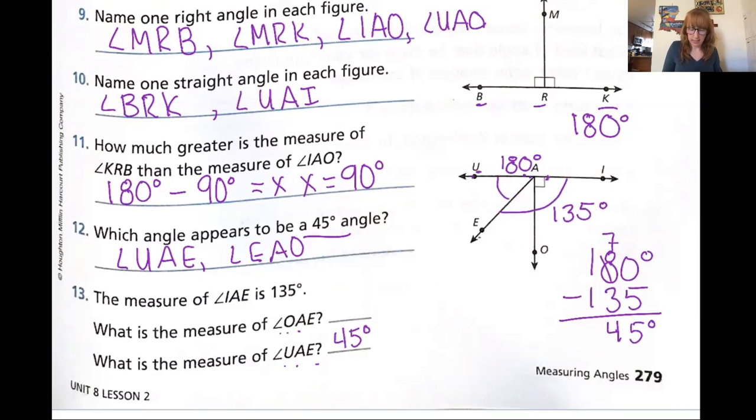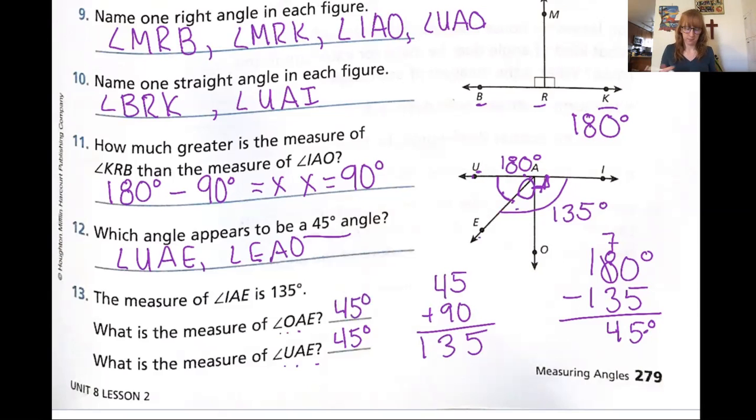Now, if this is 90 degrees and this is 45 degrees, when you add up that final missing angle, you'll get 180 degrees. So if you take 45 plus 90, look, you get 135. Our missing angle here is 45 degrees because these two angles would be the same.